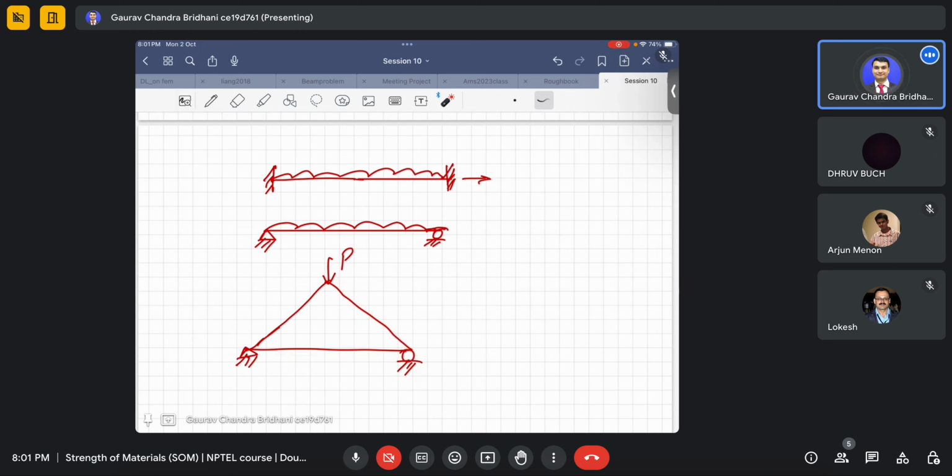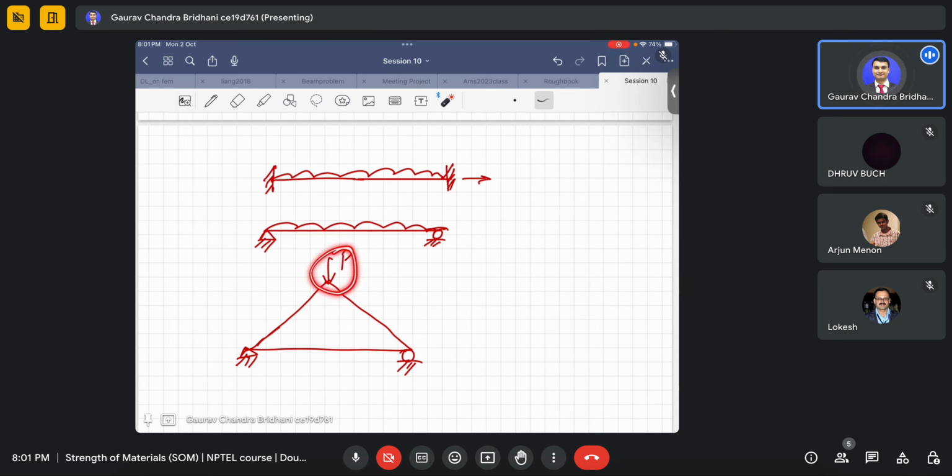That means your structure, which at the time of construction should have been stress free before the loading started, is now experiencing stress because I introduced a lack-of-fit member. There is a preload. It is not a stress-free configuration without load.